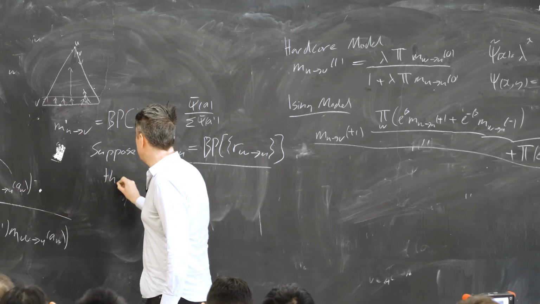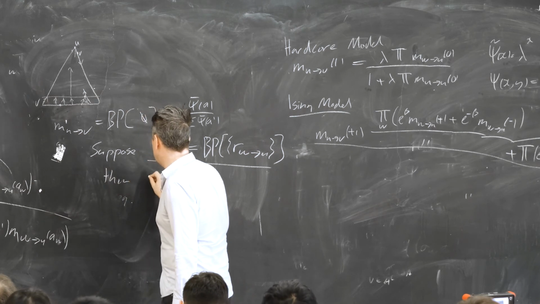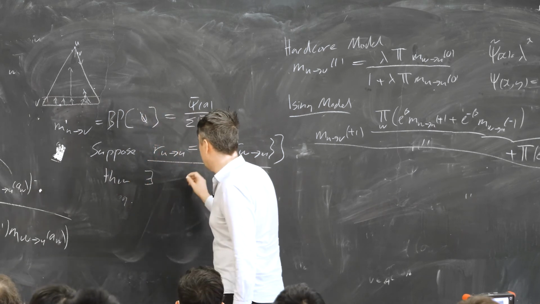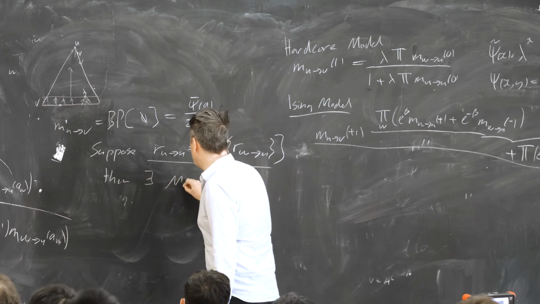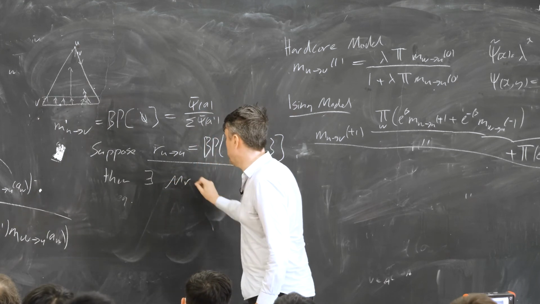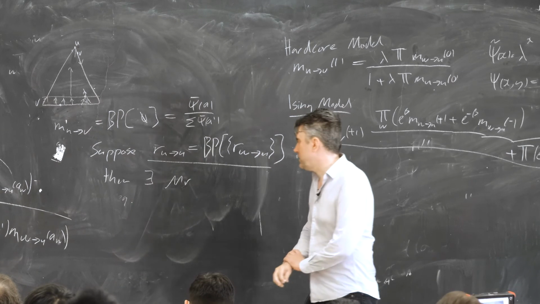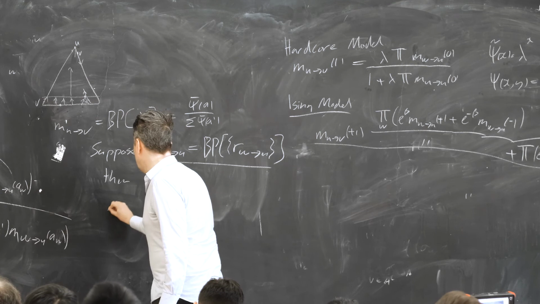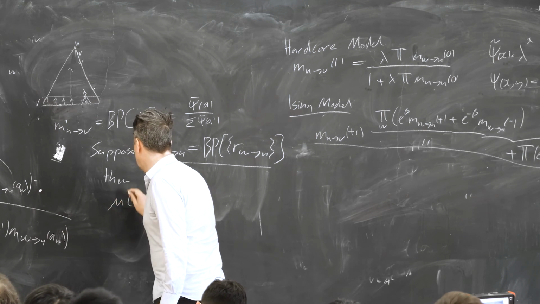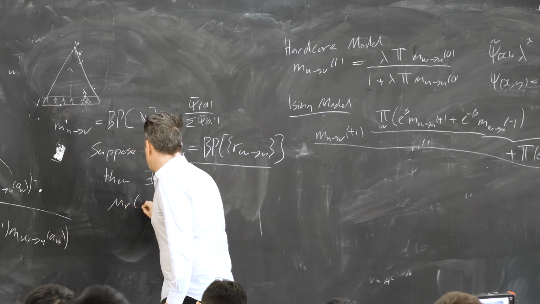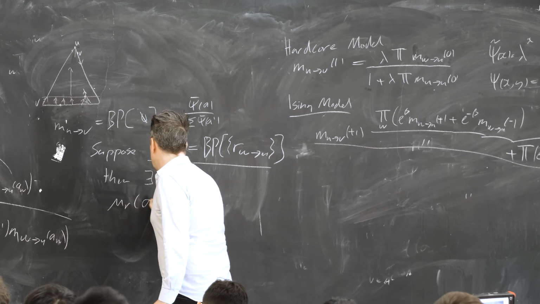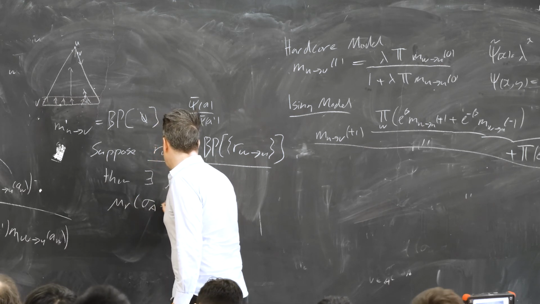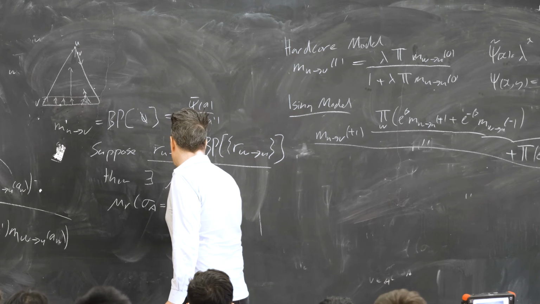Okay, then there exists a Gibbs measure mu R that I can write as its probability on sigma A, xA.